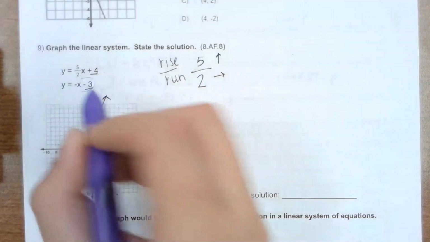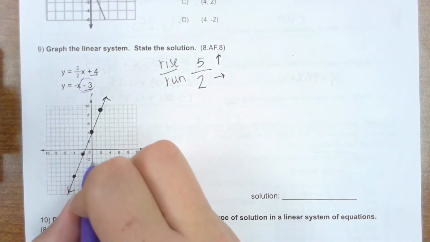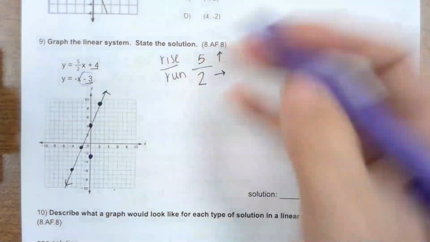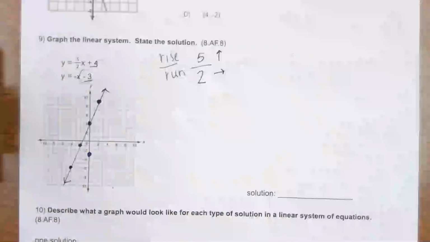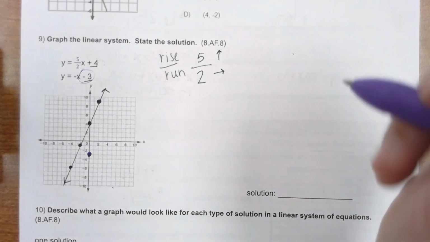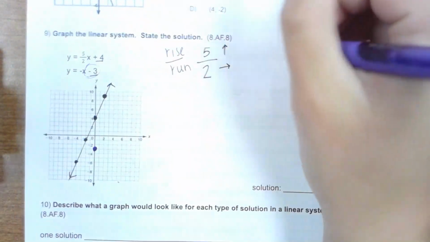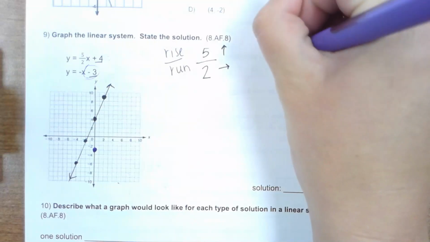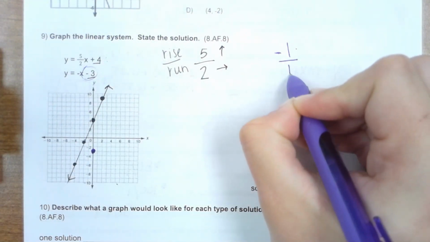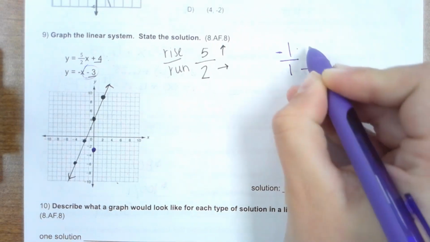So our y-intercept is -3, so I'm going to put a point at -3 on my y-axis. And then again, I'm just going to keep performing slope until I see where my lines are going to meet. So my slope is -x, so remember you can put a 1 in front of it. In other words, your slope is -1. Remember though, you need to write it as a fraction to help you remember that you should also be running 1.